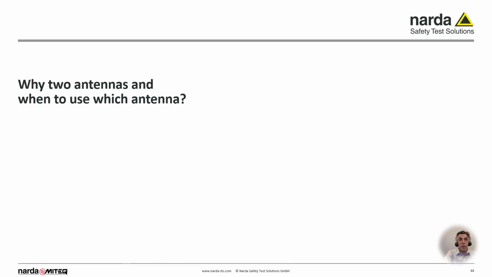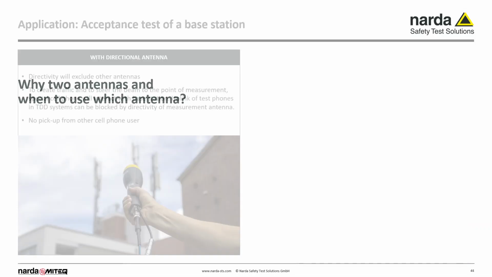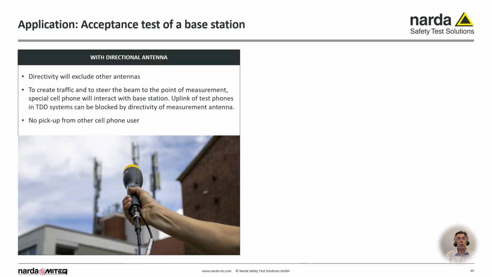Why two antennas and when to use which of those antennas? So this depends a little bit on the application you have. If your application is you have to do the acceptance test of the base station, okay, you are, let's say, authority and you have to make the acceptance test of the base stations, or you are the operator and you want to know what is my base station.